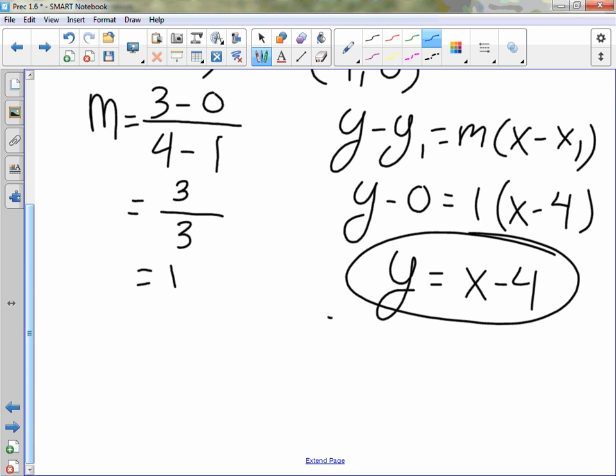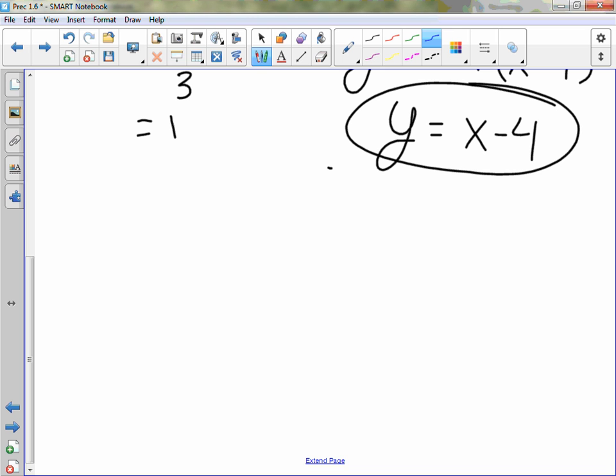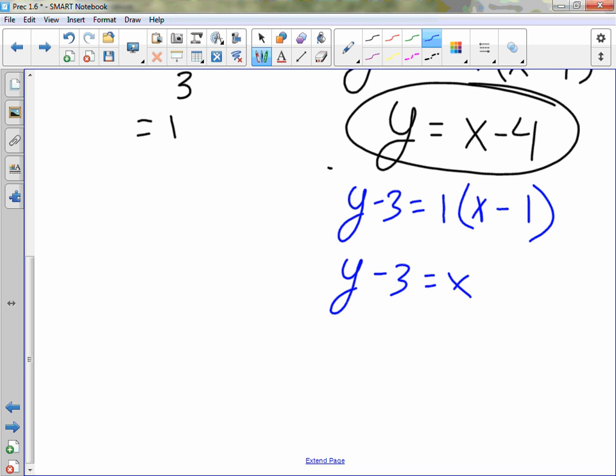Now we could have chosen the other point, which was 1, 3. And then y minus 3 is equal to 1 times x minus 1. So we'd have y minus 3 equals x minus 1.